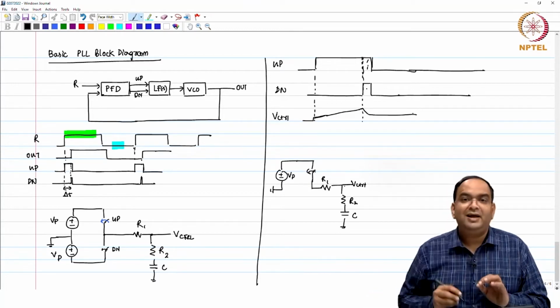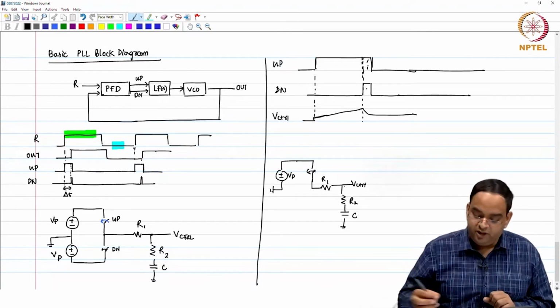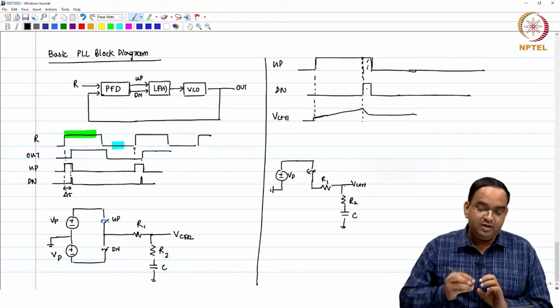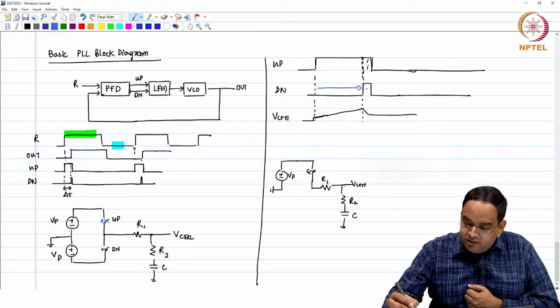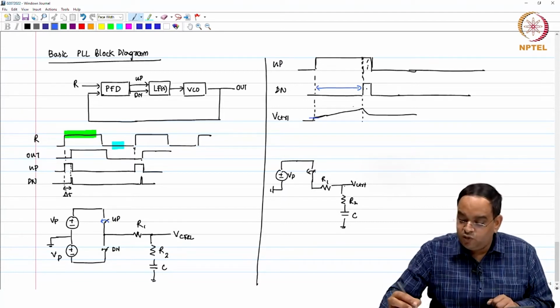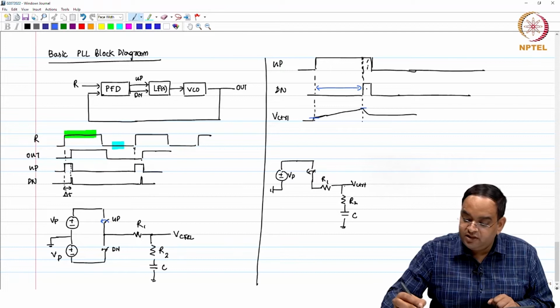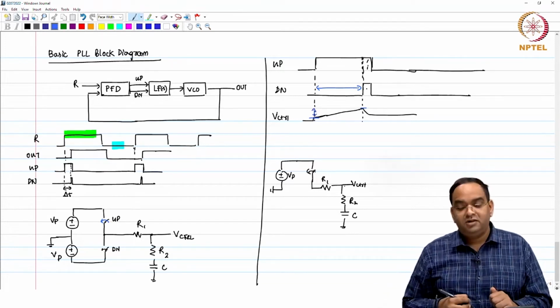This is what will happen. Okay. Now, to implement this, if you think about it, what we have done so far is this information is passed to the control voltage with this kind of voltage change, right.